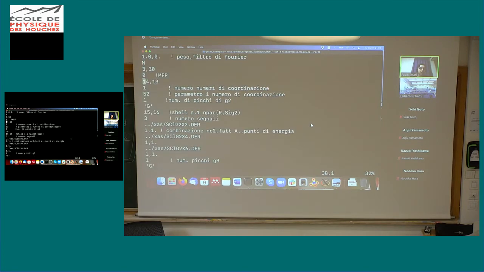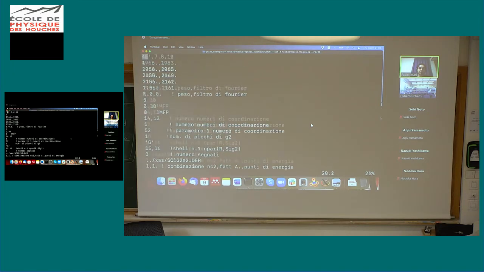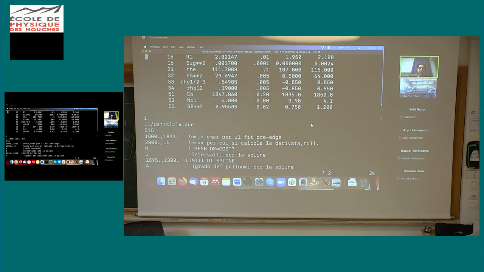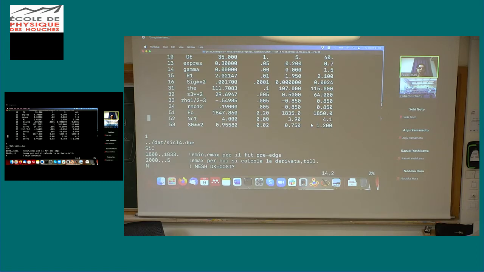Okay, so as I was saying, this is how many coordination numbers we use. In this case, we use one, and then we need to give the parameter number for this coordination number parameter. So in this case, it's 52, because if we go up in the initial table, we see here this 52.